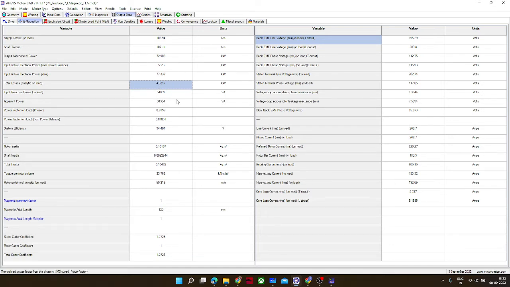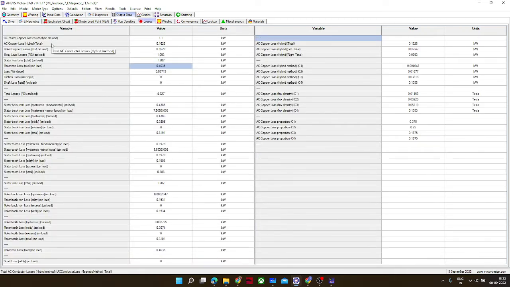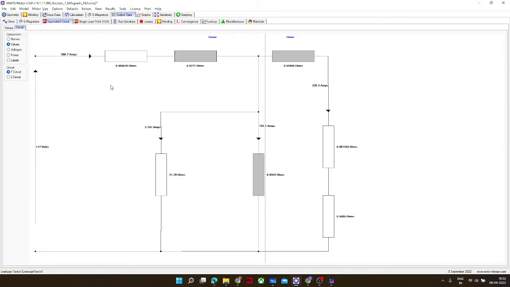So this is some data where you can visualize how much air gap torque, shaft torque, output power, air gap power, and input power there are. Just for that purpose, I want to show you some loss data. So see, this 1.1 kilowatt is DC stator copper loss, meaning across stator R1, which was provided in this equivalent circuit. Let me show you this circuit.